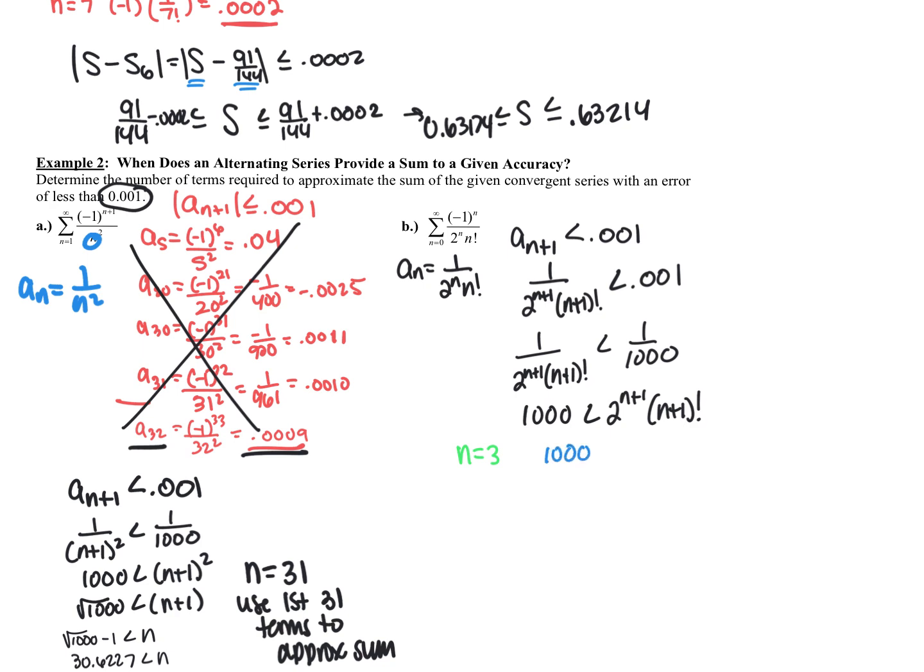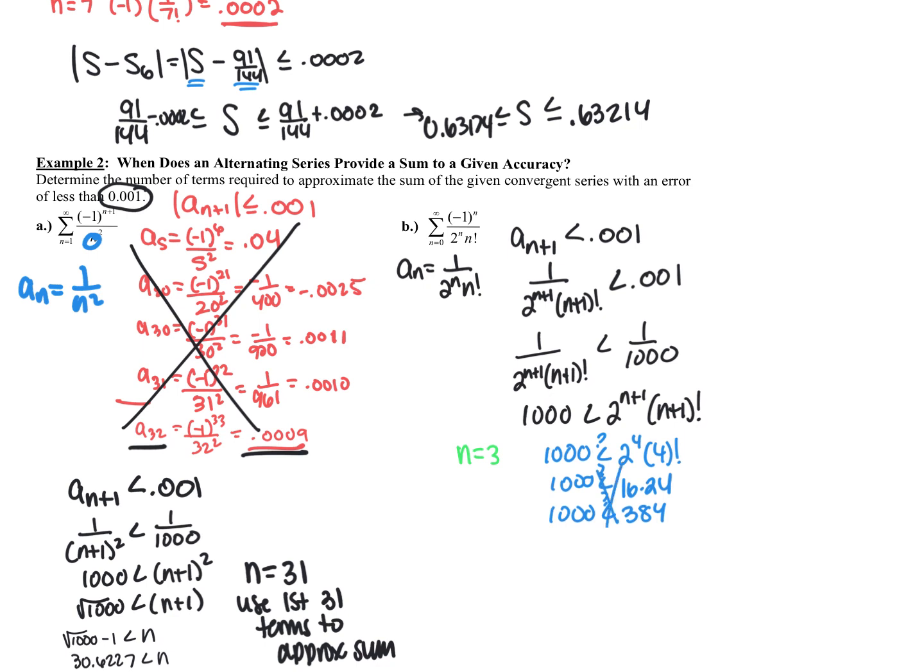So here's the question here. 2 to the 4 times 4 factorial, that will be 16 times 24, and 16 times 24 is 384. So is that less than 1,000? Or is that greater than 1,000? No. Right? That is not greater than 1,000.